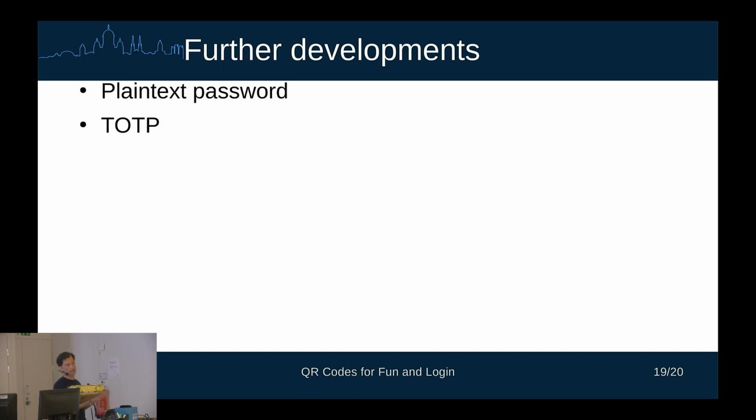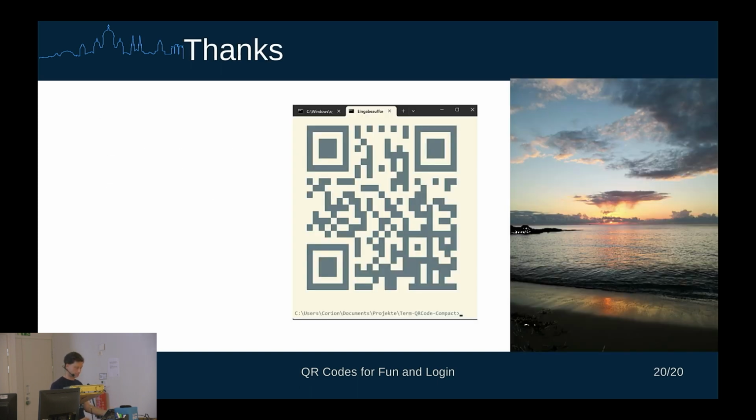Instead, the phone creates a new number based on the current time and the username and password, and transfers that number. And on the receiving side, that number can simply be checked whether the calculation is correct. So that would increase the security a bit.